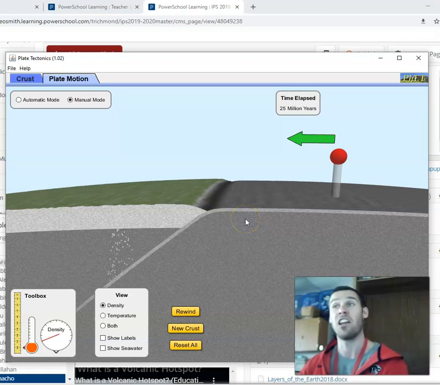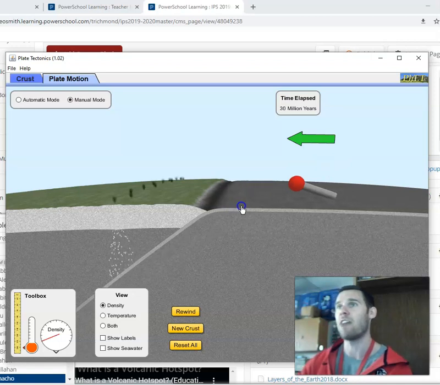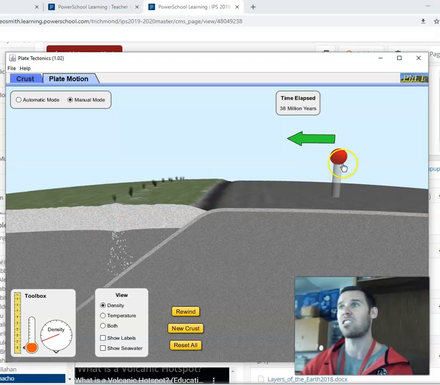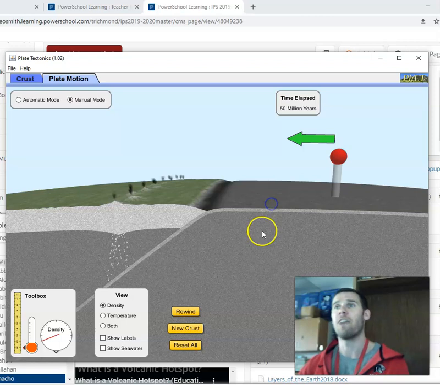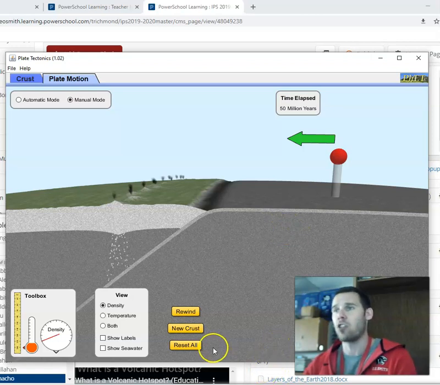So that's, again, another important term for you to know, the term subduction. And because we have a greater density crust going in towards a less dense continental crust, we see this volcanic activity start to happen on the Earth's surface, as well as a trench formed perhaps in our ocean. So those are some land formations that an oceanic continental convergent boundary can form, volcanoes as well as trenches.